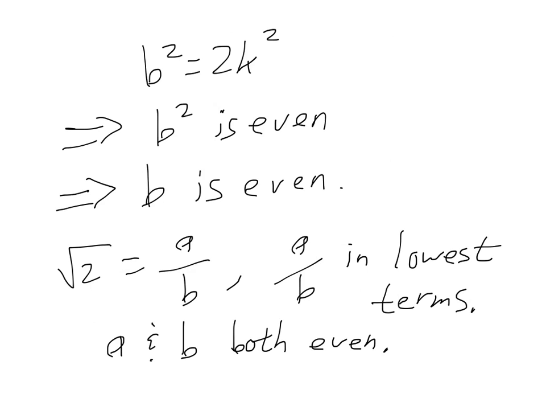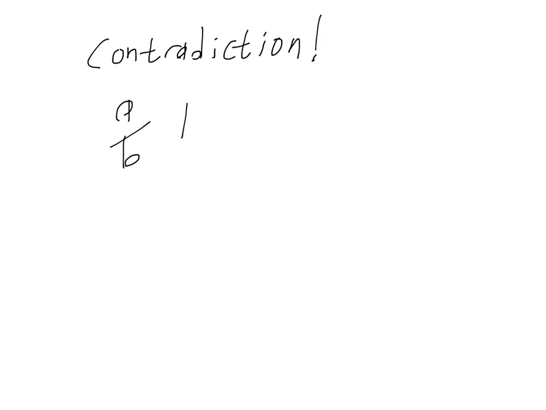Well, this is what we call in the business a contradiction. We can't have both a over b be in lowest terms and a and b being even together.